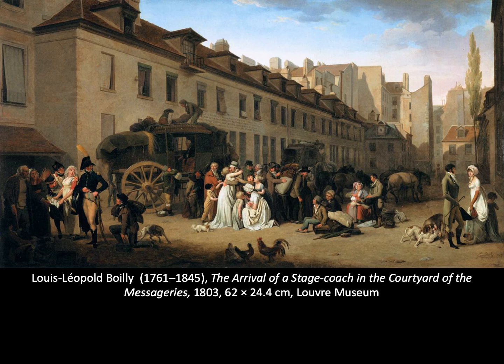You can see that a couple are kissing in front of the stagecoach. One of them has just got off the stagecoach and is arriving in Paris. We know from the sign on the wall that this is the location where stagecoaches from northern France and Belgium stopped. And in fact, the person kissing his wife is another artist, a friend of Boilly.